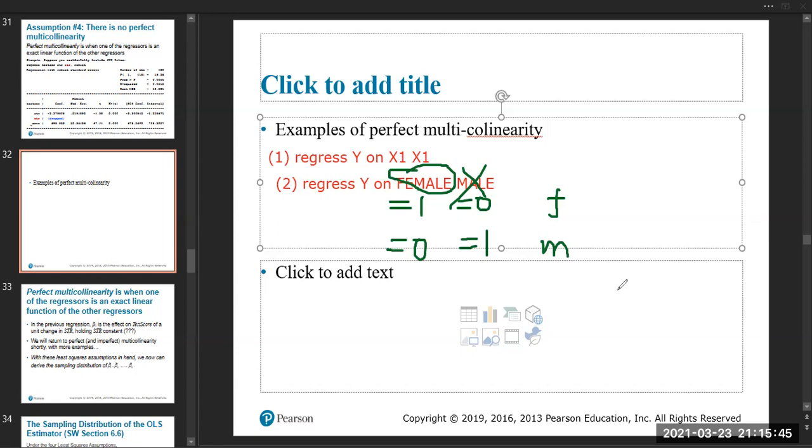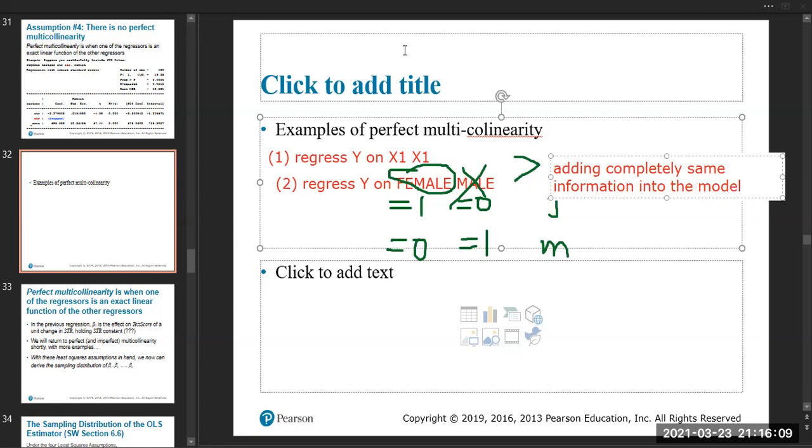Or let me put it this way: you're adding completely the same information into the model.